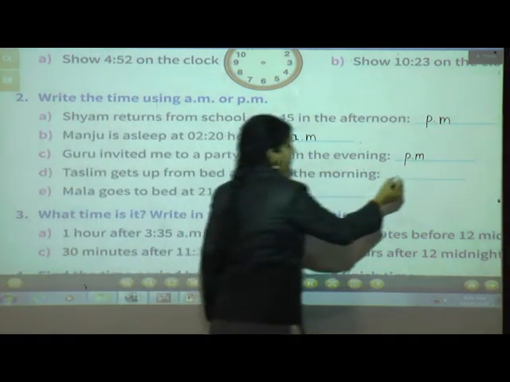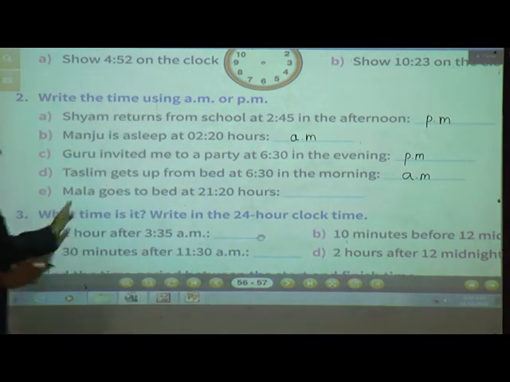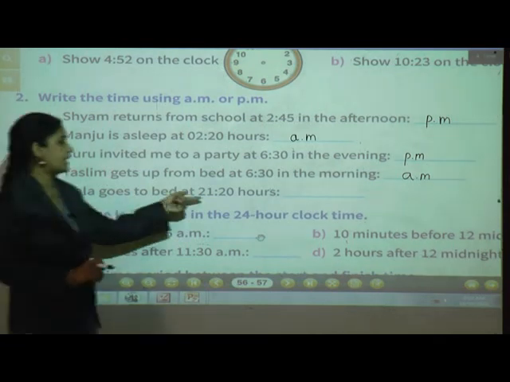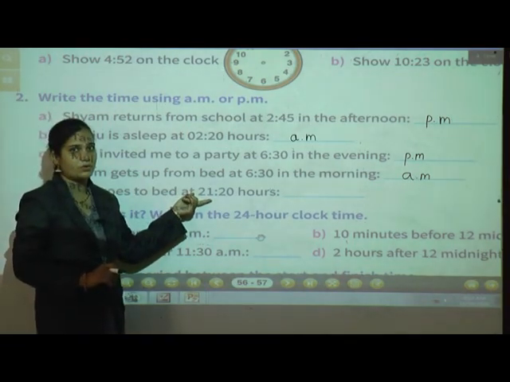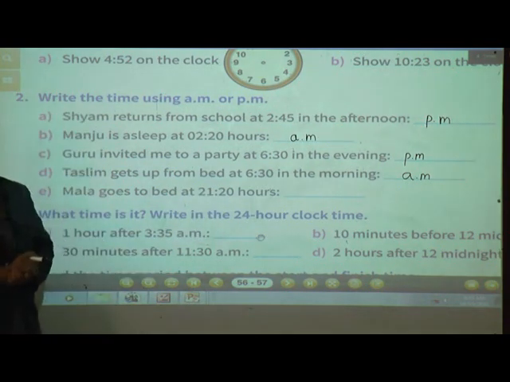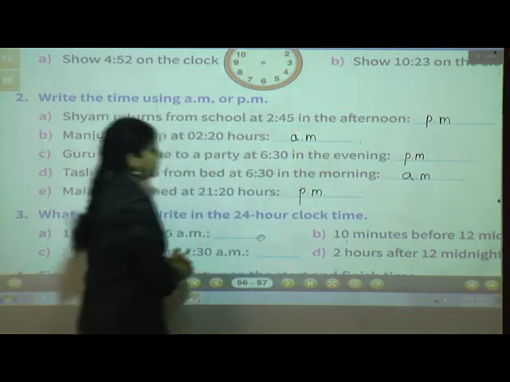Very good. Mala goes to bed at 21:20 hours. What can we write, students? Here they have given the time as per the 24-hour clock, so PM. Very good. Okay.